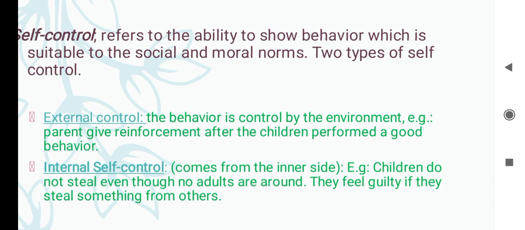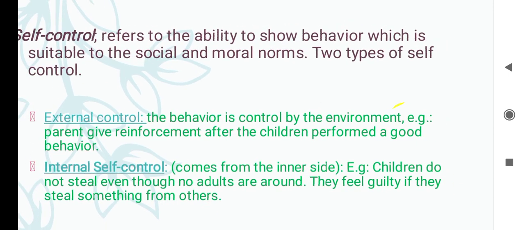So they know that that situation, that environment will provide him or her a reward, so it means they're able to control the behavior. Means they behave properly, they become a good boy or good girl just because they want something that has been promised to them. It is from the external factors because of the reward.